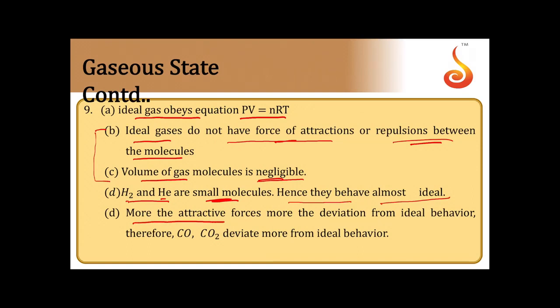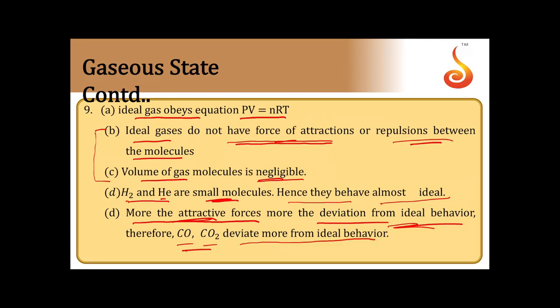So, the more the attractive forces, the more the deviation from the ideal behavior, because an ideal gas does not have any force of attraction. Therefore, if you have attractive forces, they are deviating. Hence, carbon monoxide and carbon dioxide gases deviate more from ideal behavior.